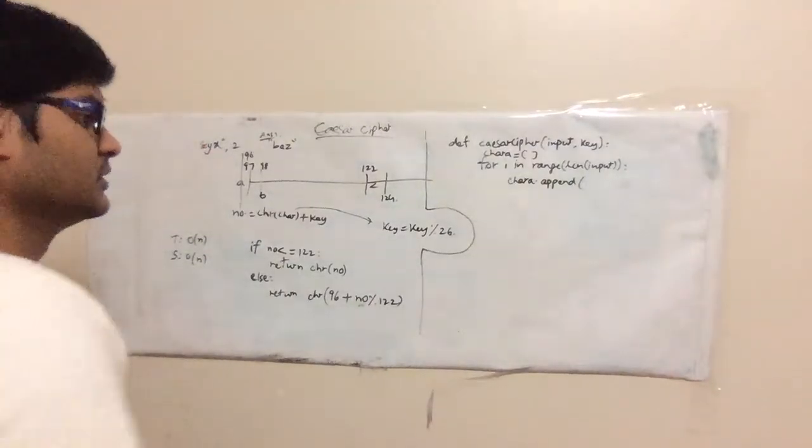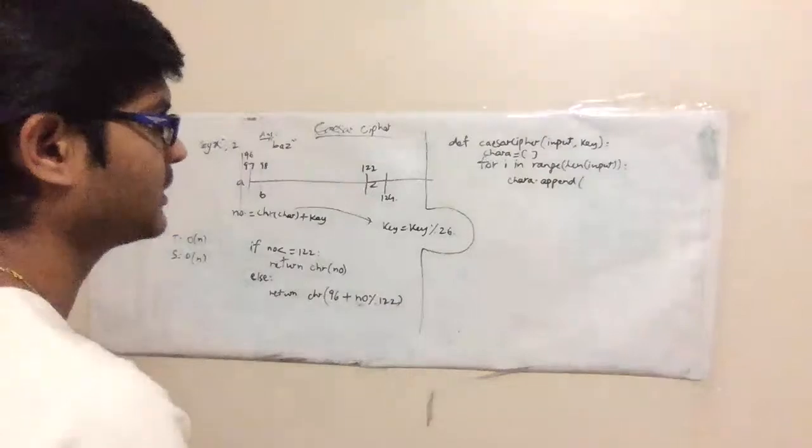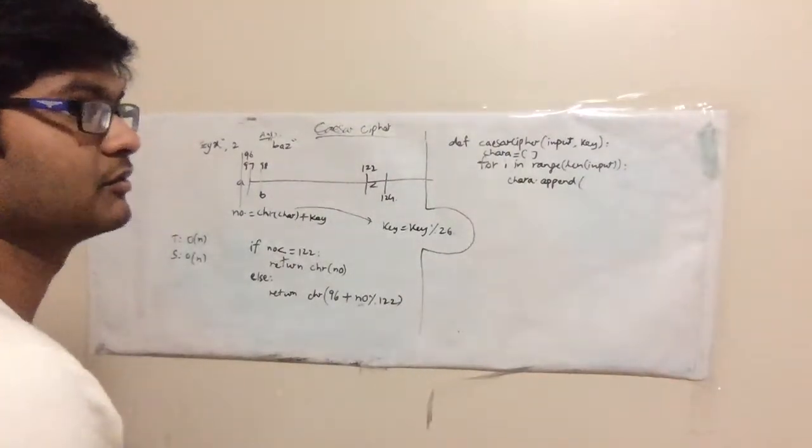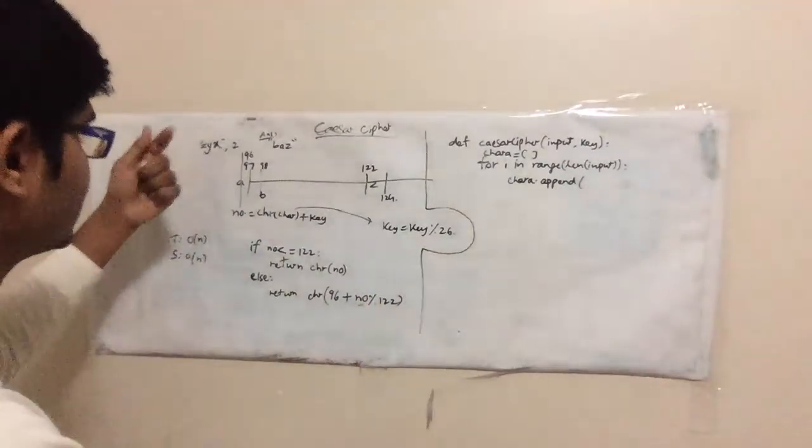So what I can do is characters.append, just append the converted value directly instead of converting it here.